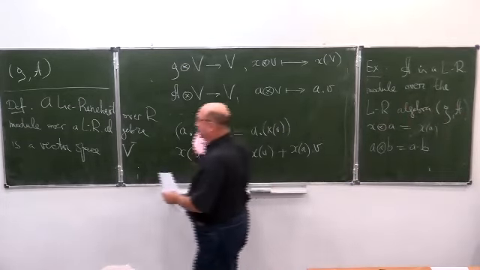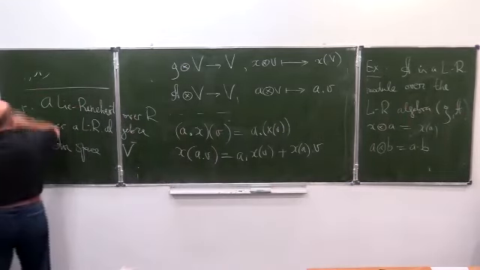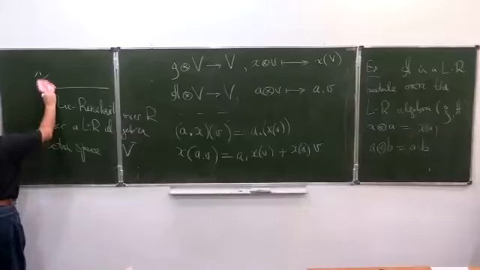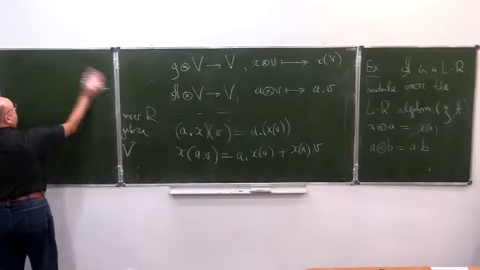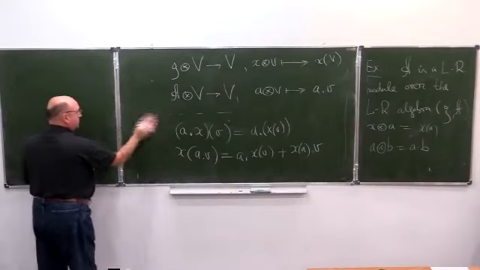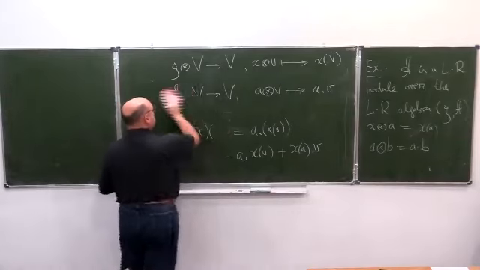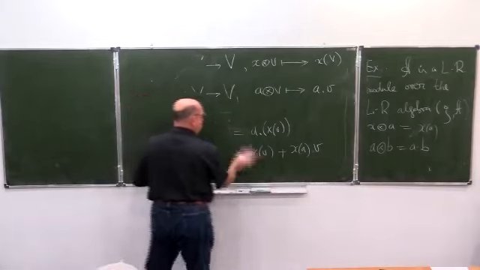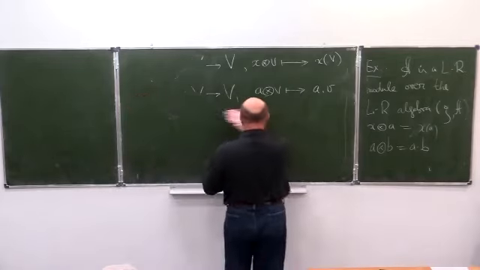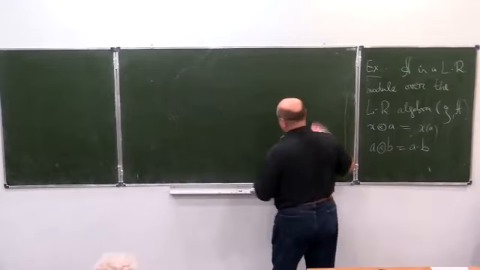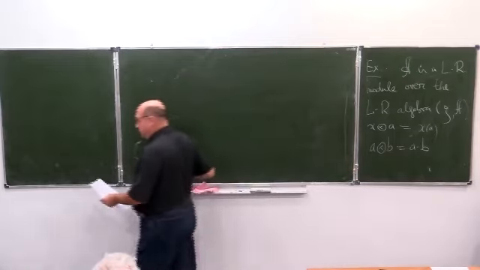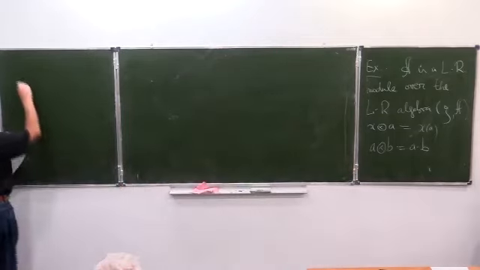Now we have algebras, we have modules. We can define cochains and cocycles, boundaries, and so on. We can define cohomology groups of a Lie-Rinehart algebra with coefficients in a Lie-Rinehart module.